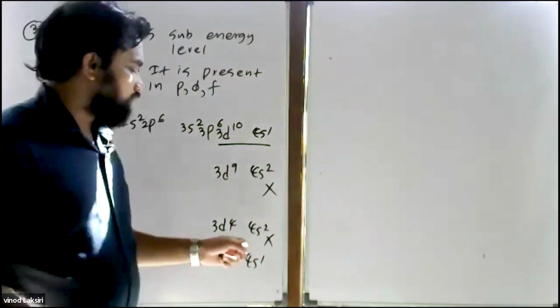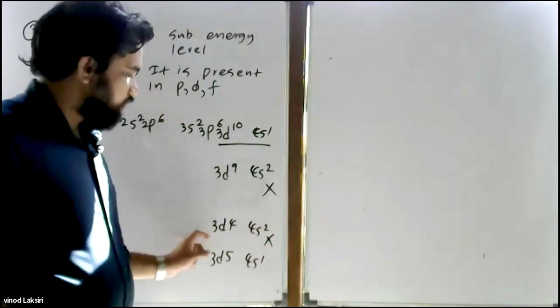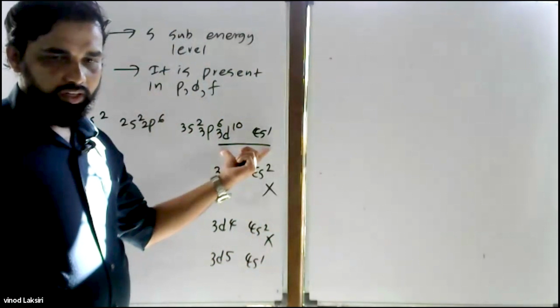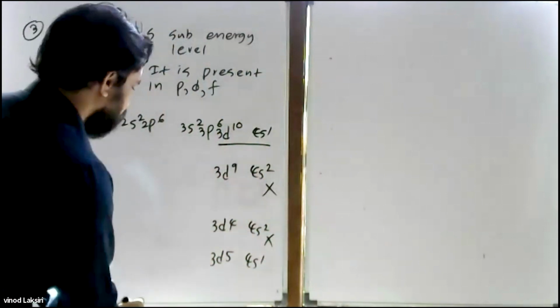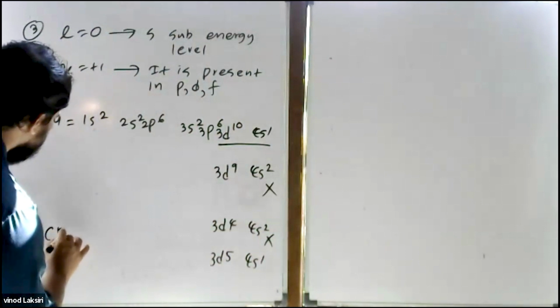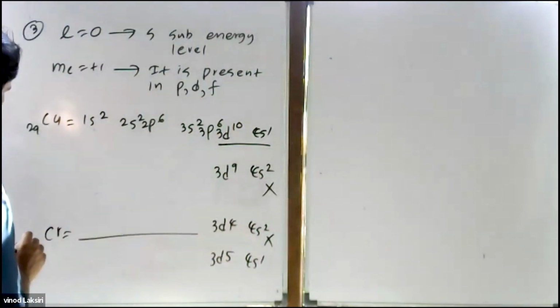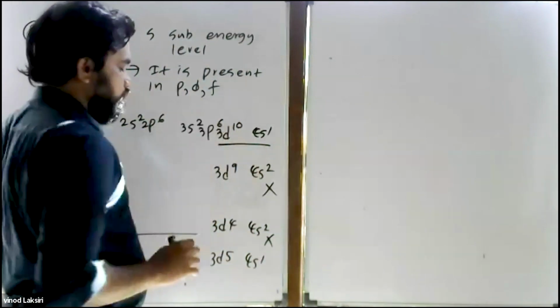Right? One electron of the 4s is moved to the d. Therefore, remember the electronic configuration of copper like this, the last part, and chromium like this. Right? Copper and chromium. So this part is the same. I will write the last part, 3d10. So this is the electronic configuration of copper.